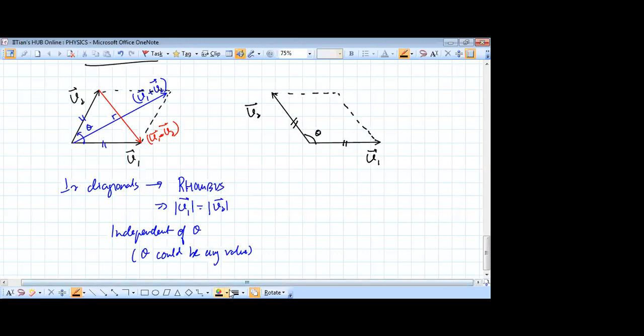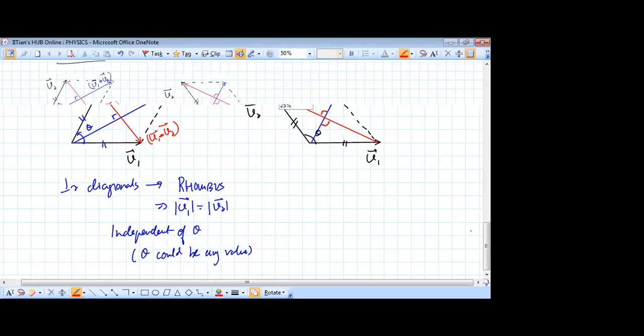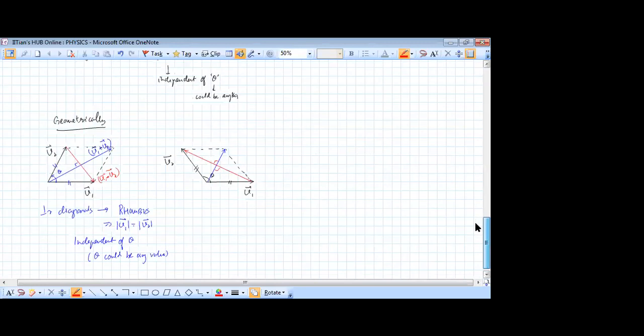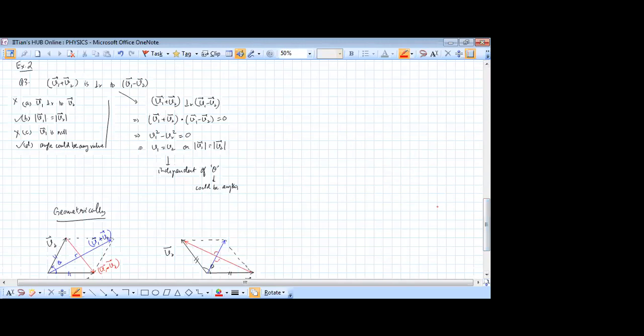The diagonals are perpendicular. Okay. That's the geometrical solution for this. So you have an algebraic solution as well as a geometrical solution. Shravani, hope this is clear.